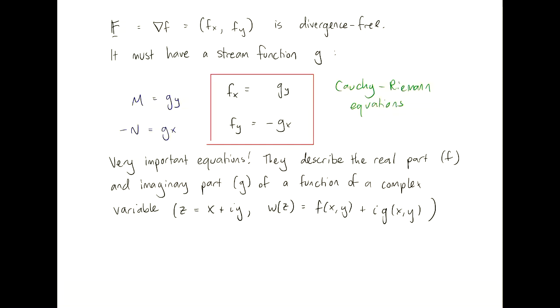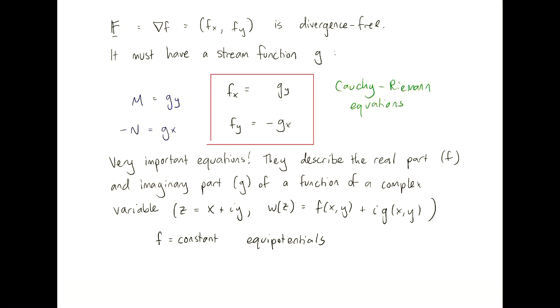So this is quite nice, because any f plus ig is a complex potential, which stores information both about the scalar potential f and the stream function g. So lines where f is constant are called equipotentials.